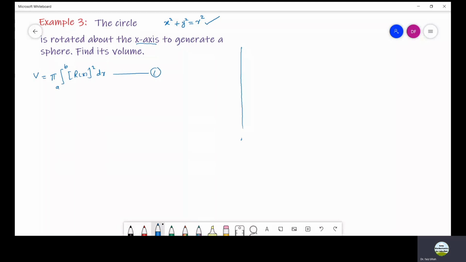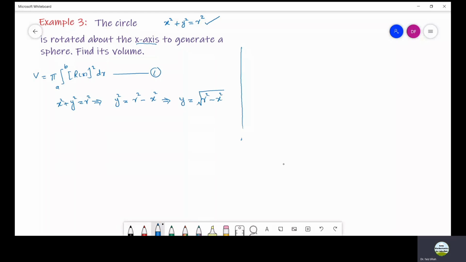Now, for this formula, we need r of x, which is a function of x. So, from the equation of circle, x square plus y square is equal to r square, we get the value of y square, which is equal to r square minus x square. And if we take square root, we get y is equal to r square minus x square under the root.